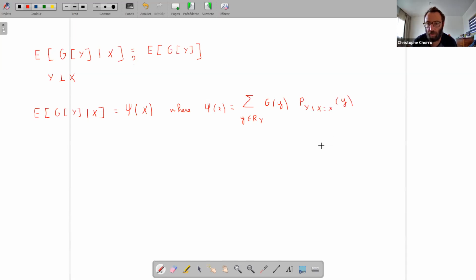If I come back to the definition, it was for a function of x and y, and here this function is just a function of y, so that's why I have this expression.